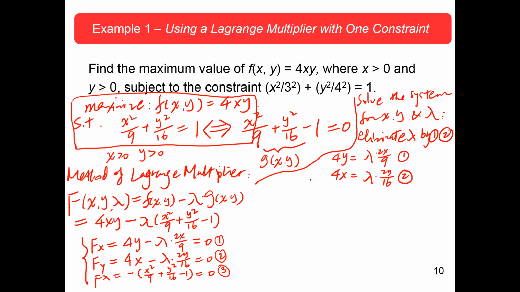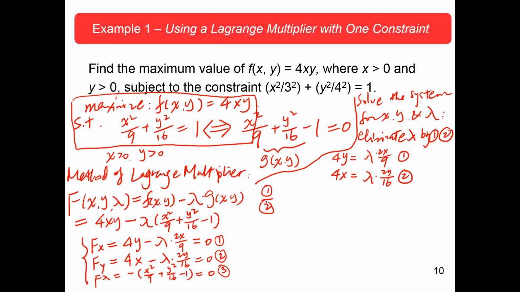What kind of operation would help you eliminate the lambda right away? Folks? I just want to get rid of the lambda here. What's the quickest operation? Can I do addition, subtraction, division, or multiplication? Division. Yes, division.